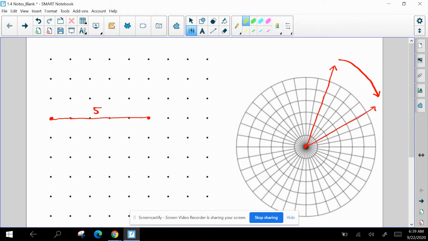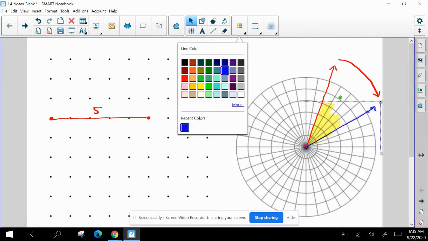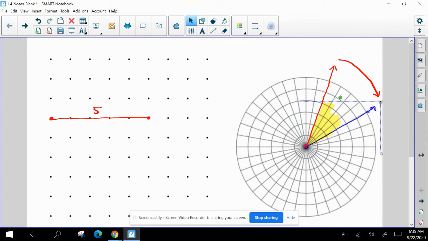I'm going to use a highlighter to highlight the angle. I traveled from the red ray to, let me change this ray to blue so it's easier to see, the blue ray. The measure of the angle is how many degrees it took me to go from the red ray to the blue ray.